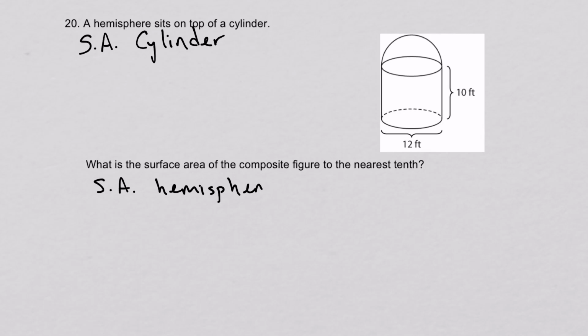So, surface area of the cylinder, I need the formula. You should have it memorized. The formula for the surface area of a cylinder is CH plus 2B. C is the circumference of the base. H is the height of the cylinder.